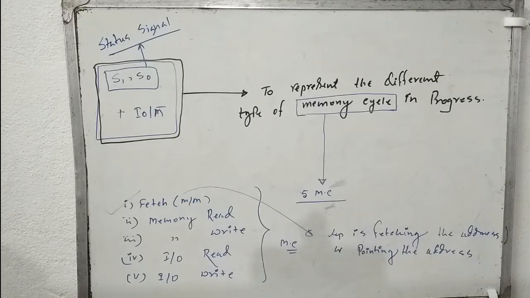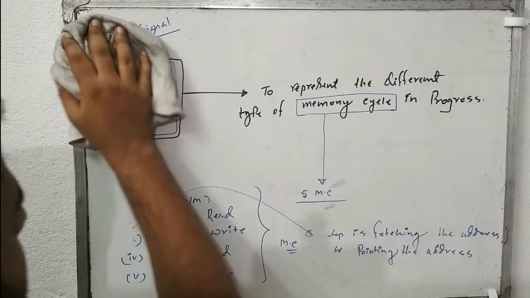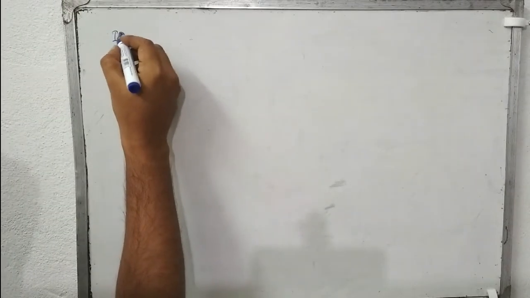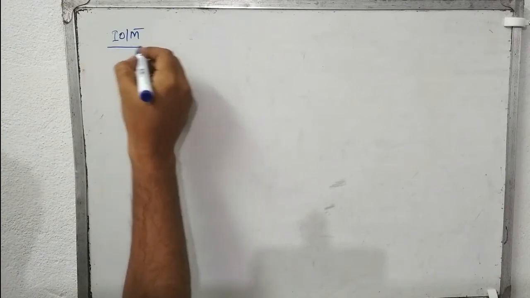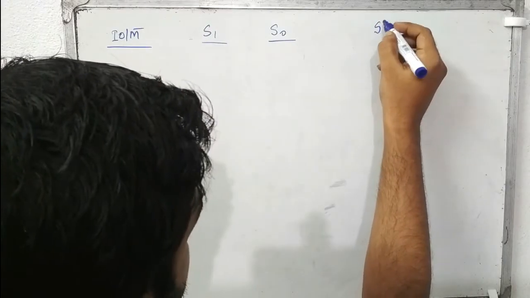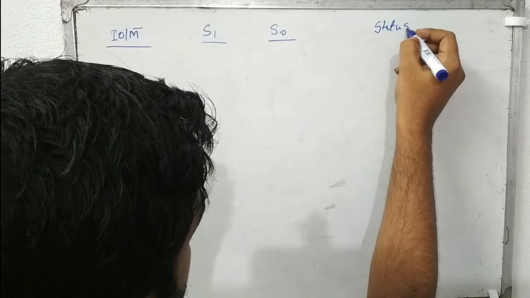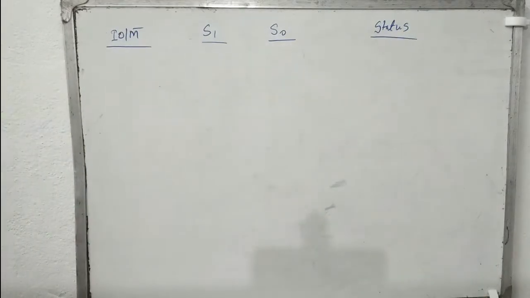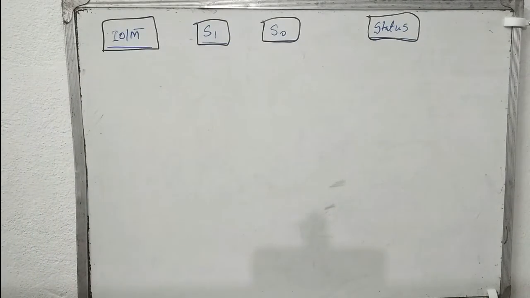So let's draw it. Status lines are there. So this is the input output memory, and S is status.